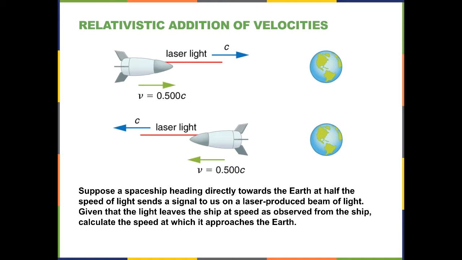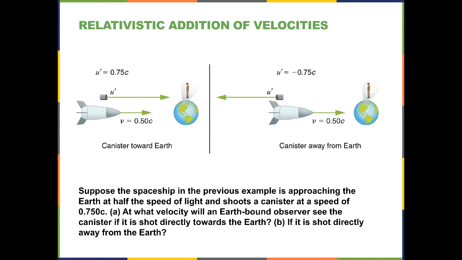Well, this is kind of a trick question, and you don't really have to use the formula, because the laser light is light, therefore its velocity would be c. And so it would be unaffected by the velocity of these two rockets regardless of the direction that they're traveling. But if you put it in the formula, what you'll get is 1, and the velocity remains c.